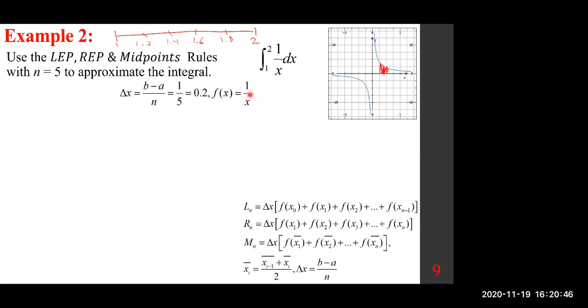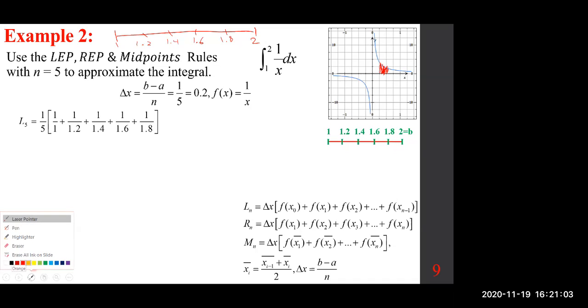So 1 over 1, 1 over 1.2, so on and so forth. Take a look at the line segment. Again, I did the drawing for you here, and see what happens here. This is f of 1, f of 1.2. And you do it with a lot of decimals.